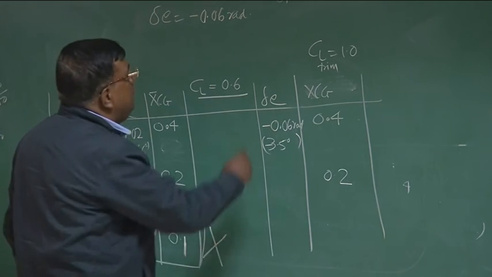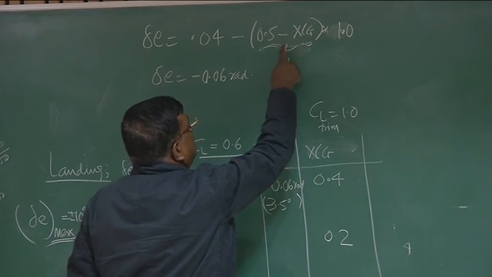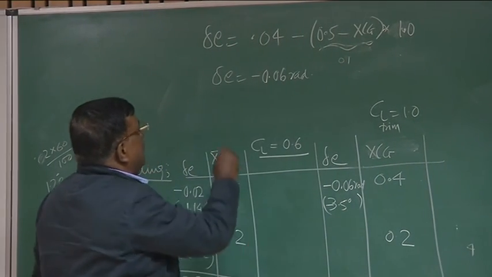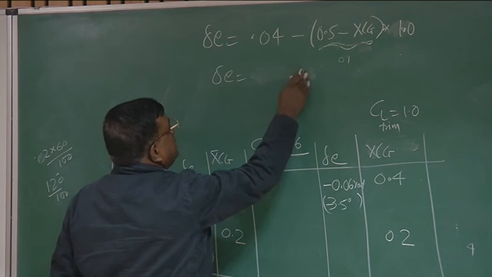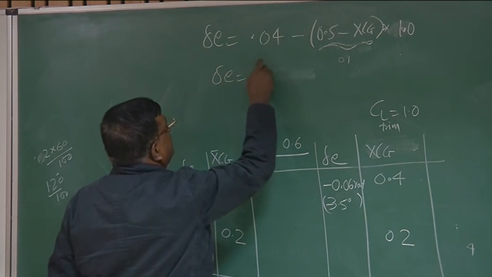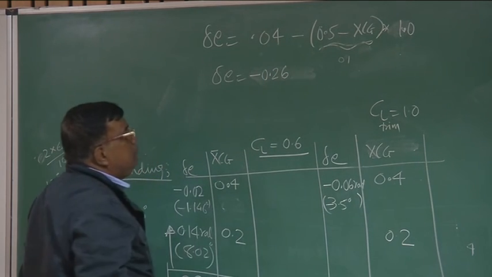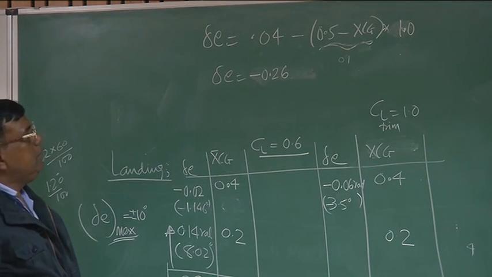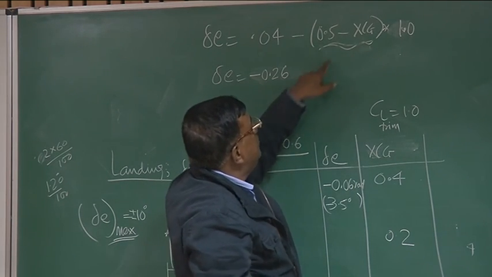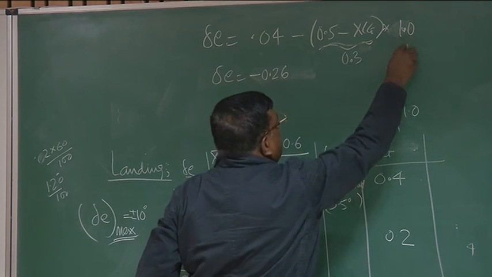Now if I come to 0.2, how much does it become? You see, 0.2 means 0.5 minus 0.2 is 0.3. 0.3 into 1, 0.3 minus 0.3. So delta E will become 0.3 minus 0.3 plus 0.04, so minus 0.26. Correct? You see here, if XCG is 0.2, this difference is 0.3. So 0.3 into 1, this is the CL trim here.